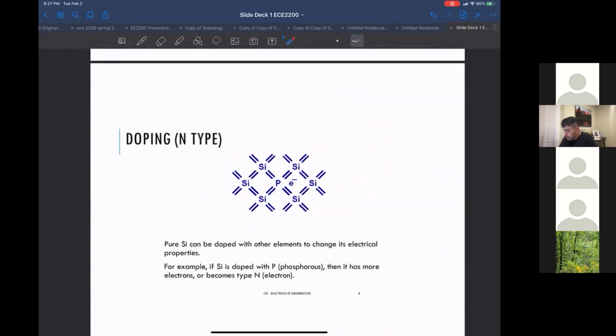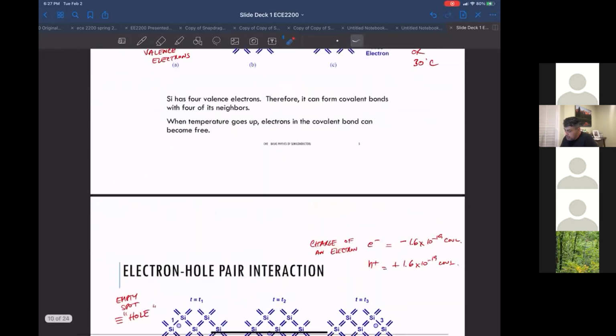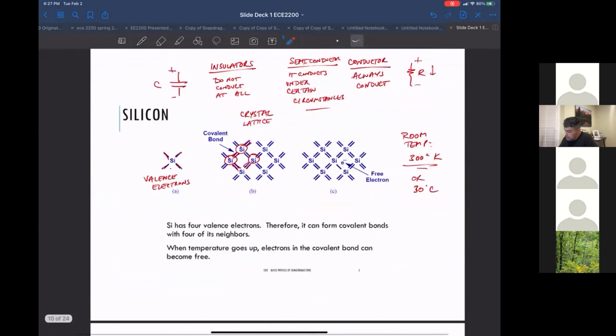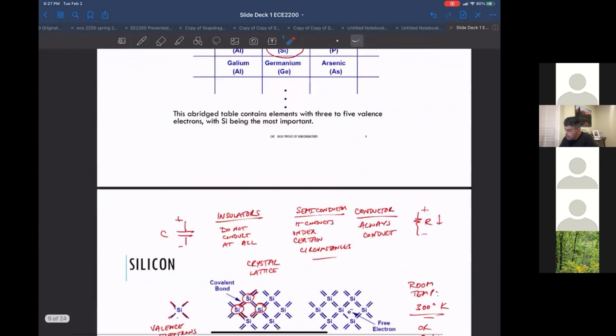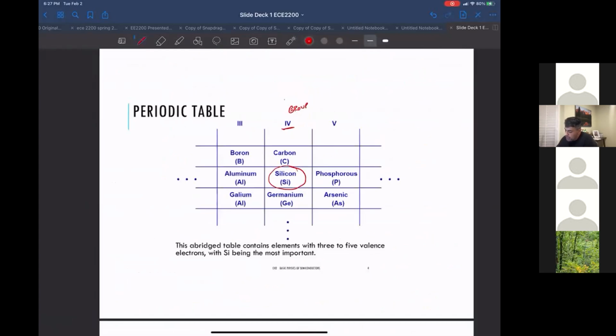So how does that work? Let's look at phosphorus. Okay, so phosphorus is in group 5. This group 4 has 4 valence electrons. Group 5 has 5 valence electrons.